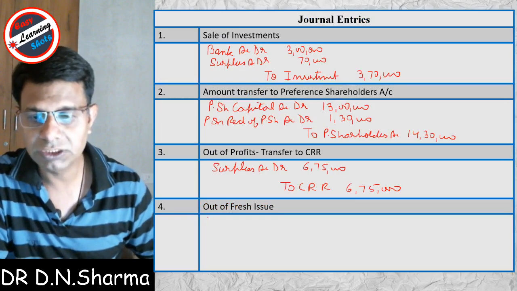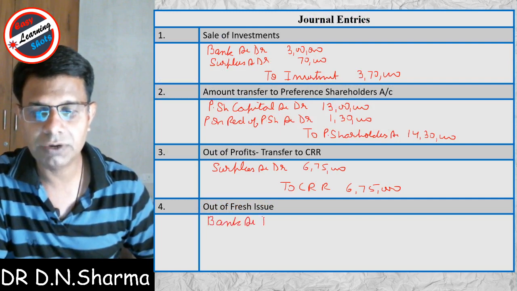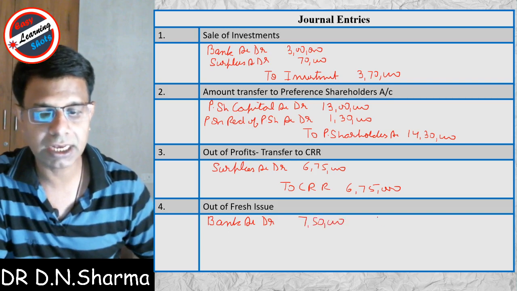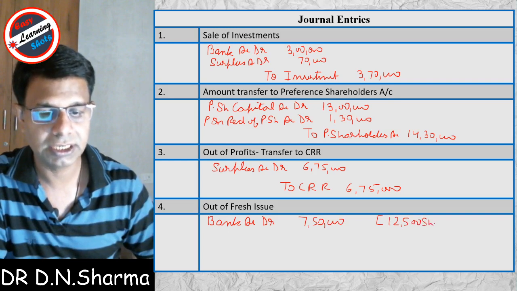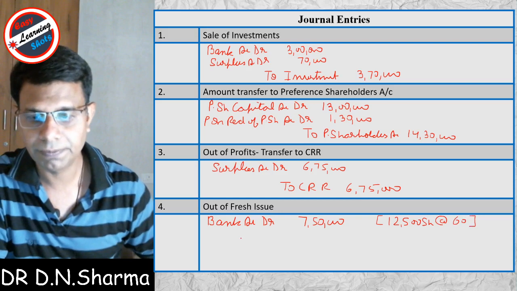So when we do the general entry of issue of equity shares, our entry is bank account debit. We receive 7,50,000 in bank account because we issued 12,500 shares, and we get 60 rupees from each share.